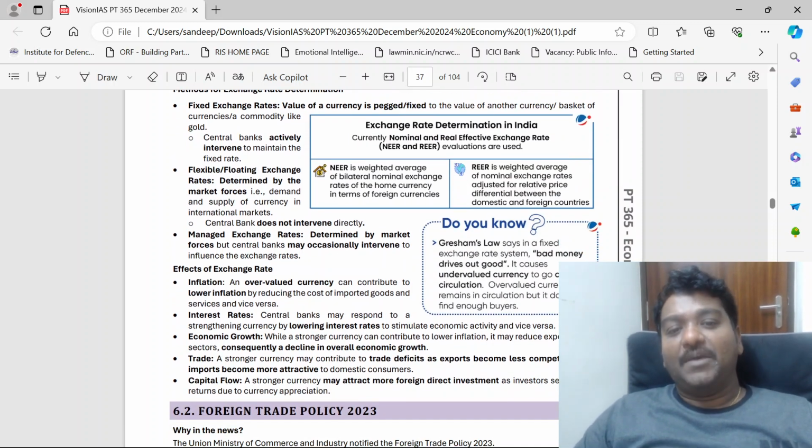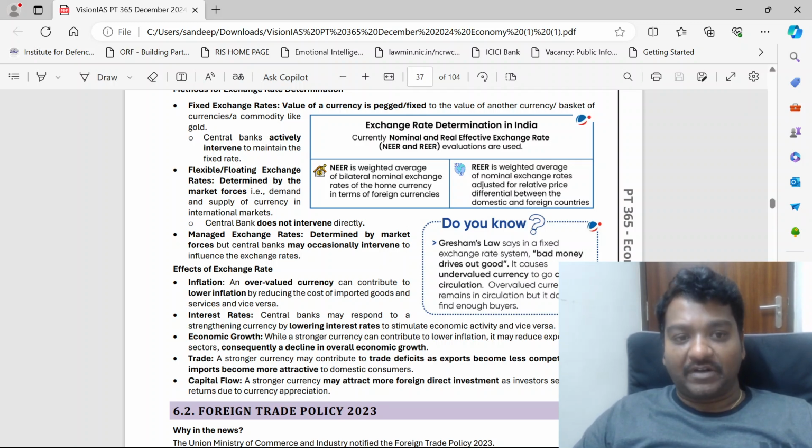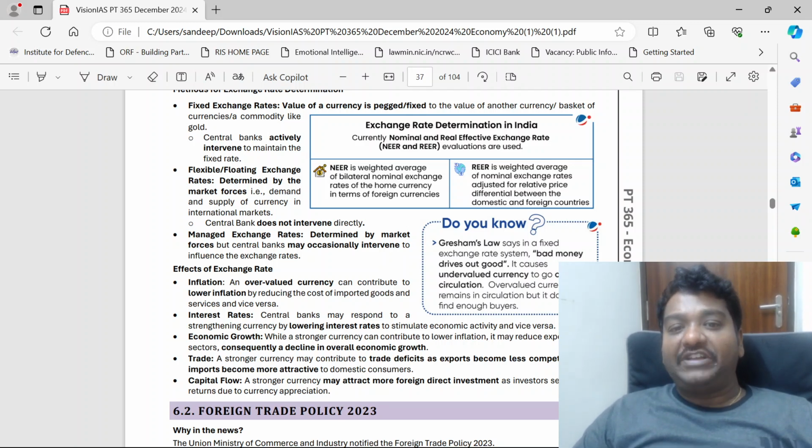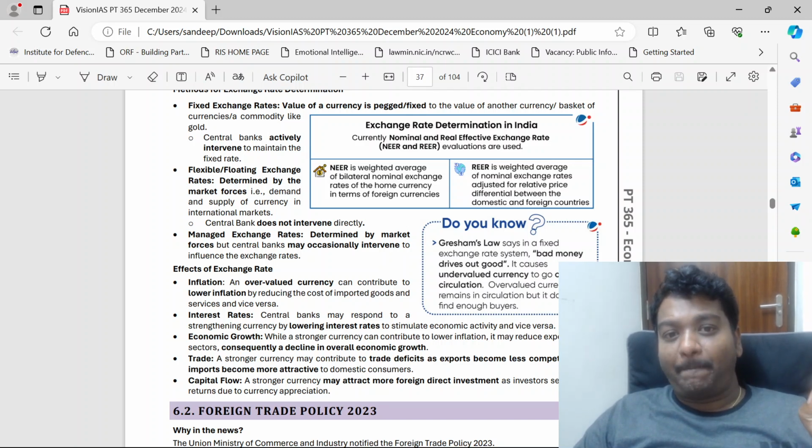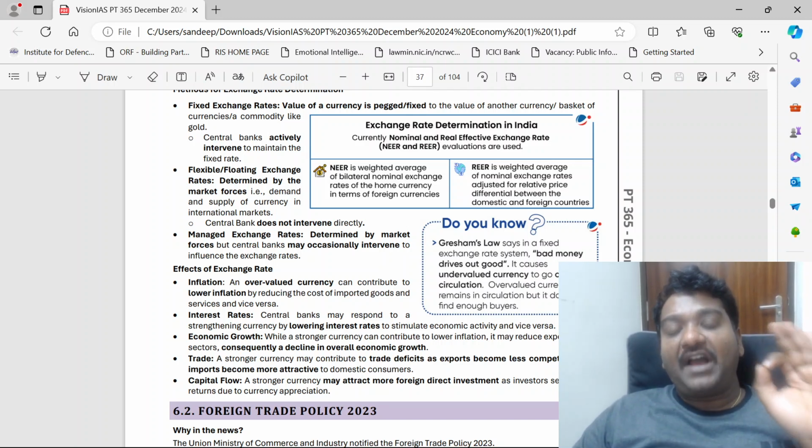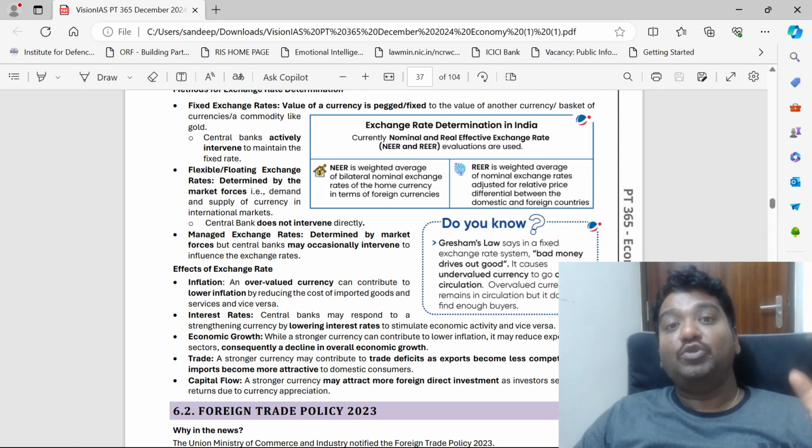In this, please try to see NEER, nominal effective exchange rate, and real effective exchange rate. These two are very, very important for us. Now fixed exchange rate, where we call it pegged. You see the term pegged. Now India has pegged currency with Bhutan.